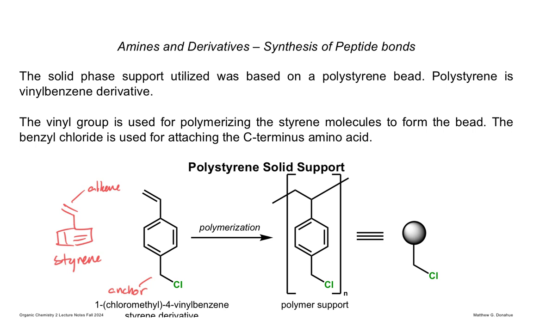So I show the polymer support, that repeating chain, as the bead. And then coming off each of those little beads is that anchor. And so you can anchor your C terminus to that, and then you're just growing the chain out.